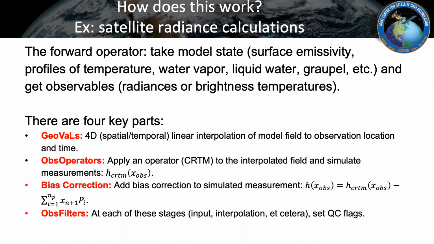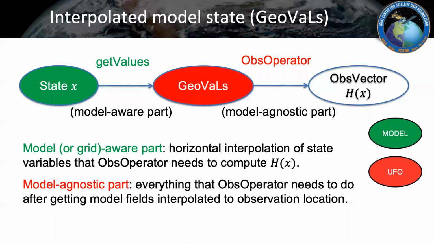Also at each of these steps, particularly around the operators, we can set and record some quality control information, or adjust error estimates. Now that is a lot to absorb, so I'll break it down even further and explain each of these components piece by piece. This should give you an idea of how UFO works when you actually want to run.